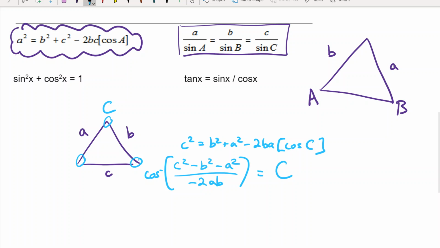So that's kind of a quick way of solving our triangles using the cos law.